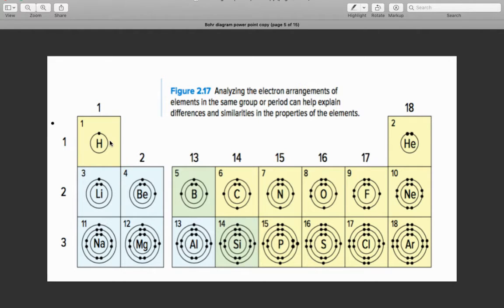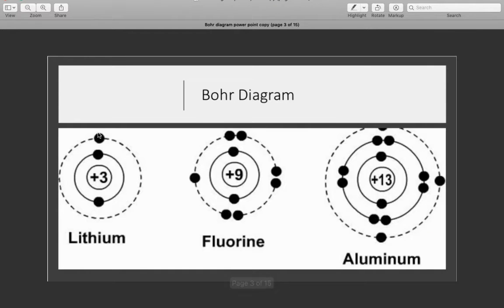That's why we have only one shell around the hydrogen atom, and there's only one electron in the outermost shell. But it's not the same for the other elements. If you go back and see lithium, fluorine, and aluminum, it's different.